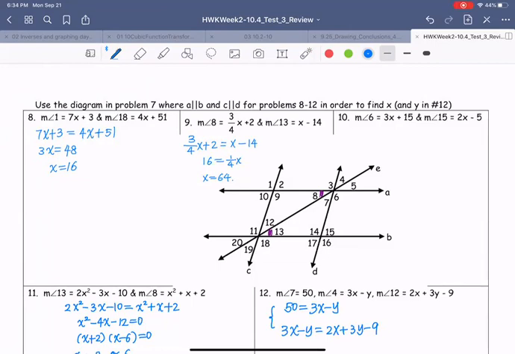Very good. Let's do number 10. 3x plus 15 plus 2x minus 5 equals 180. This one and this one, they add together and equal 180. That's true.